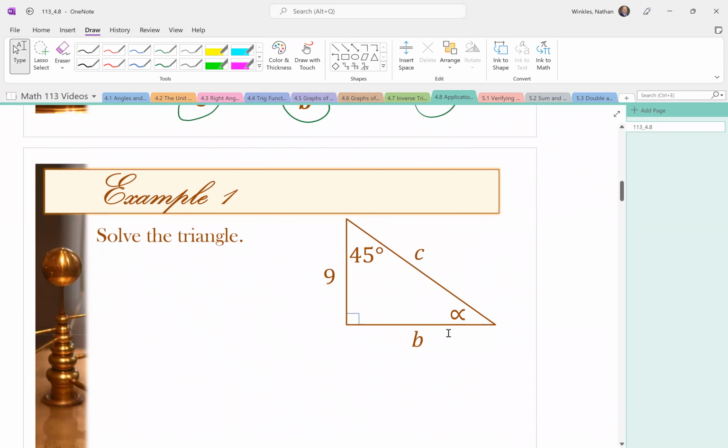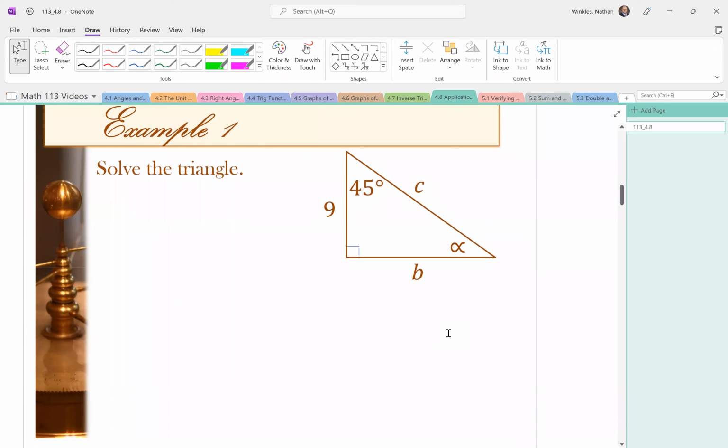So given this triangle here, we want to find out everything about it. So we're going to use all the knowledge that we know. The first thing we can easily find is alpha.